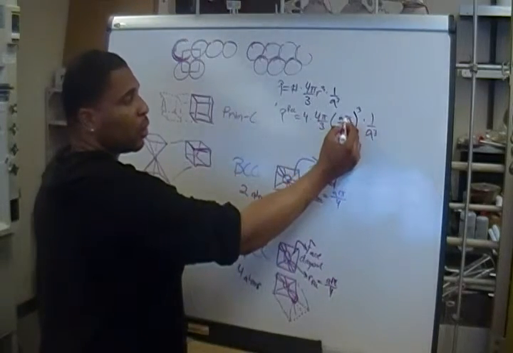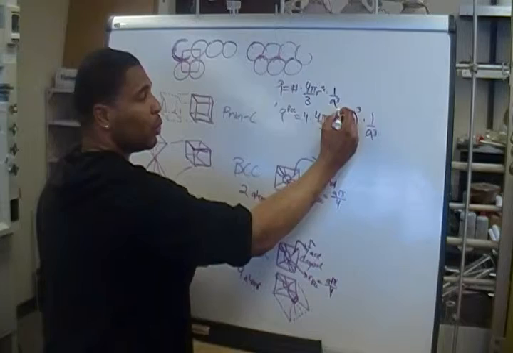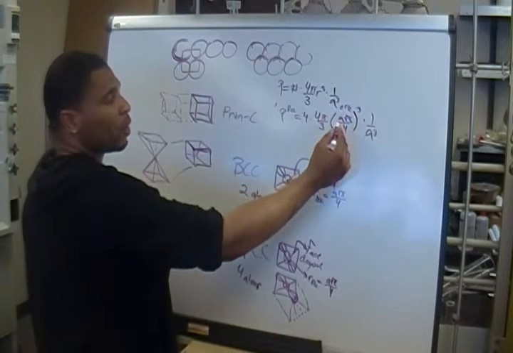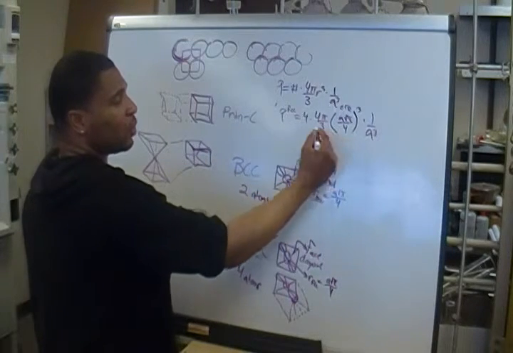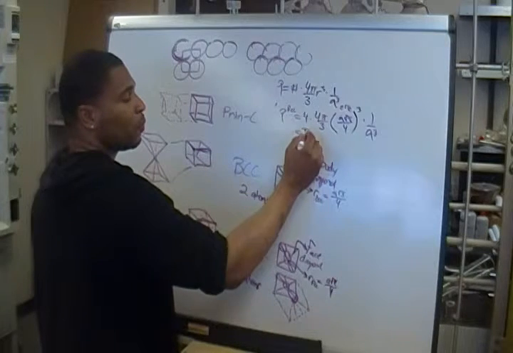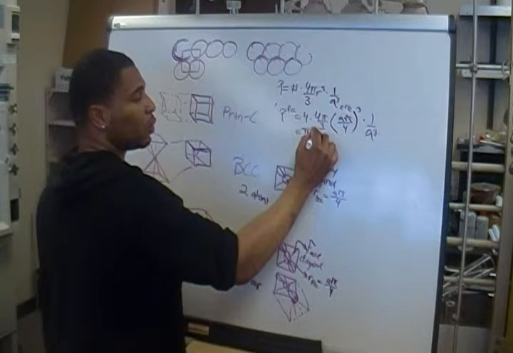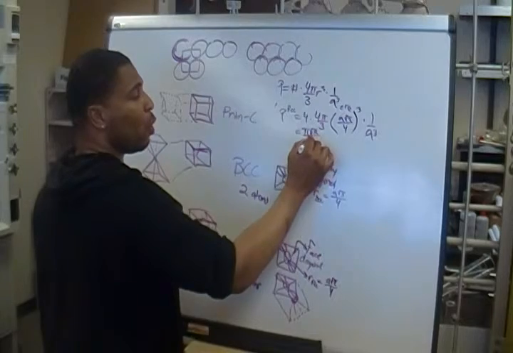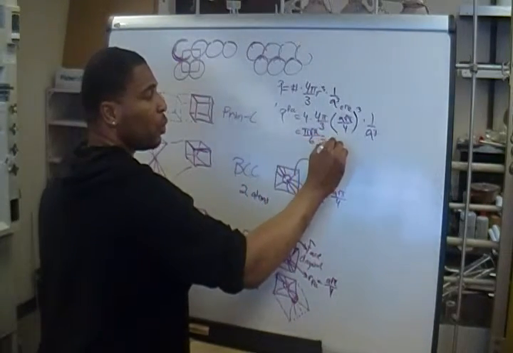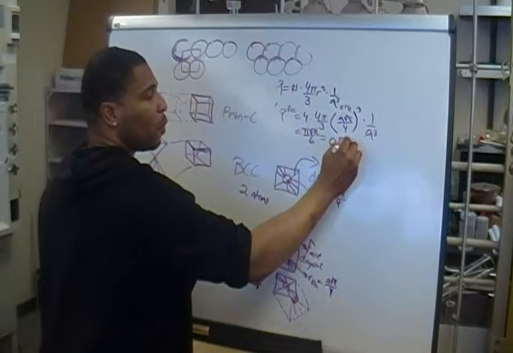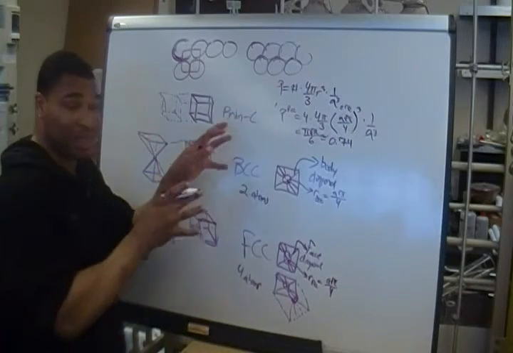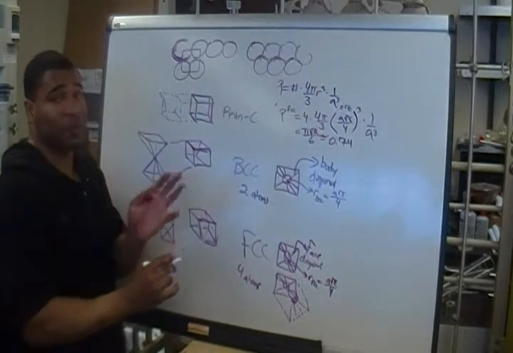Alright, but this square root 2, if you cube square root of 2, you end up with 2 square root 2. And so if you have 4 here, 2 divided by 4 is 1 over 2, and then you have 2 times 3, so what you're going to end up with is the expression square root of 2 over 6, and that would equal 0.74, around that. Okay, the packing ratio for the FCC is 0.74.